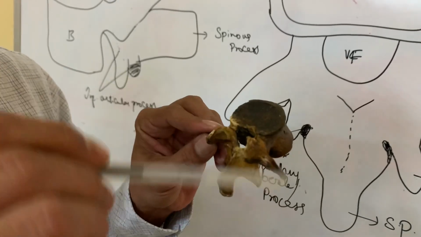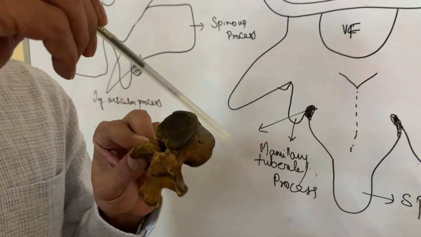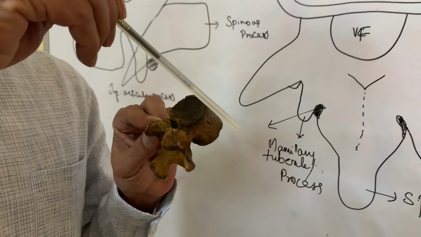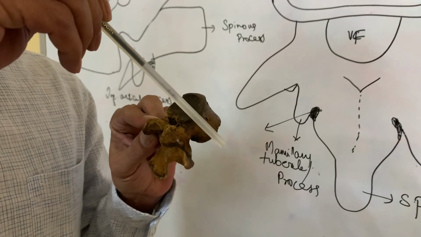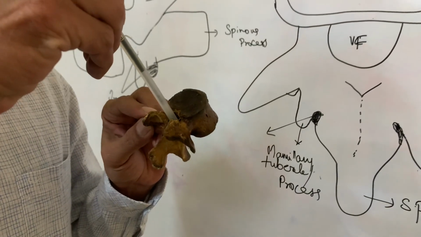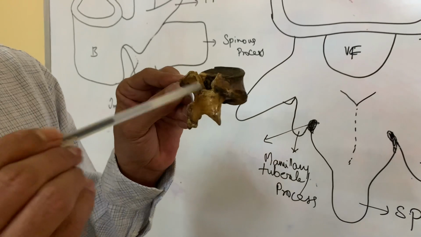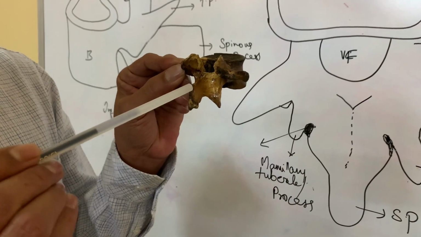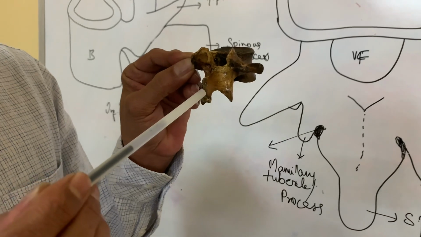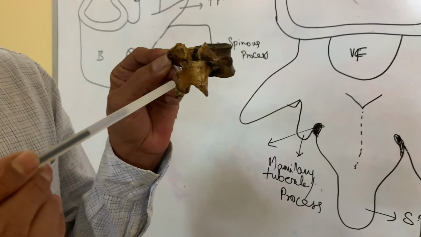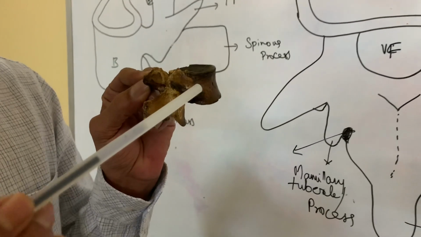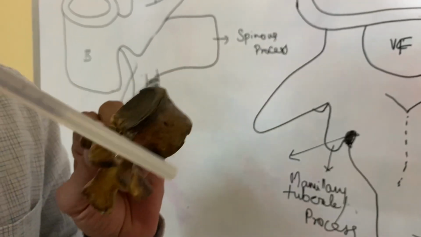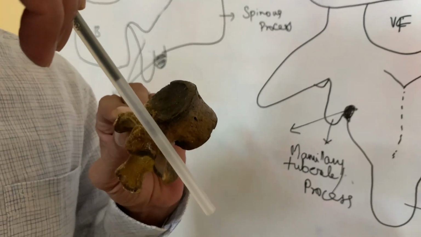To summarize the attachments: anterior longitudinal ligament, crus of diaphragm, psoas major, posterior longitudinal ligament, deep muscles of the back, supraspinous and interspinous ligaments, posterior lamella of thoracolumbar fascia, middle lamella of thoracolumbar fascia, and anterior lamella of thoracolumbar fascia.